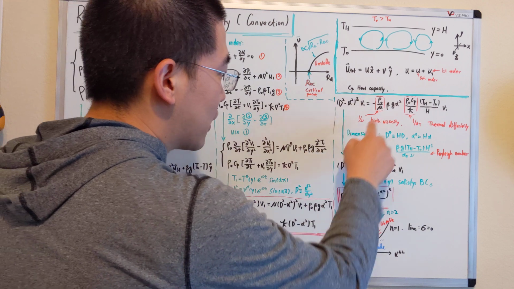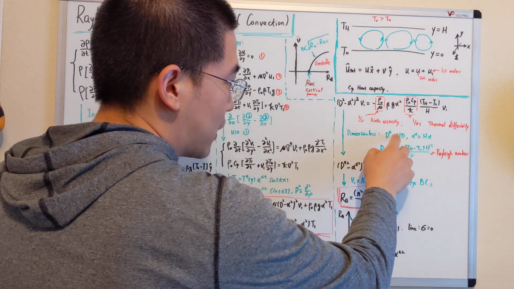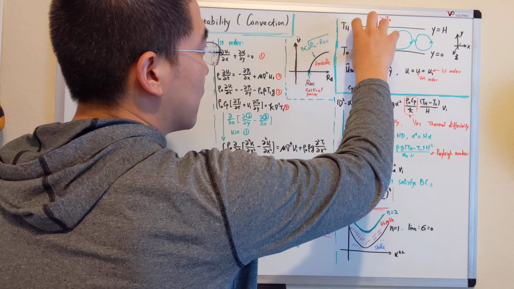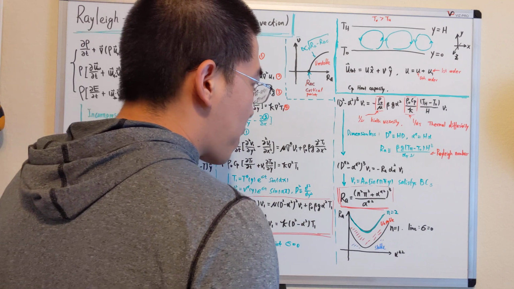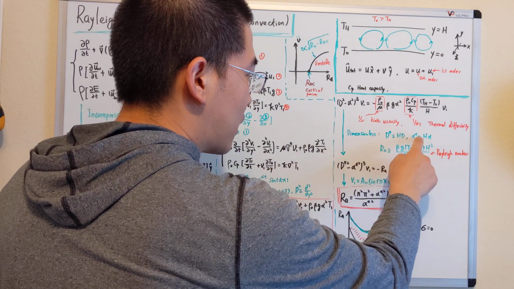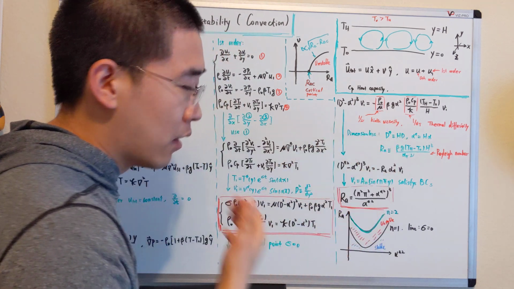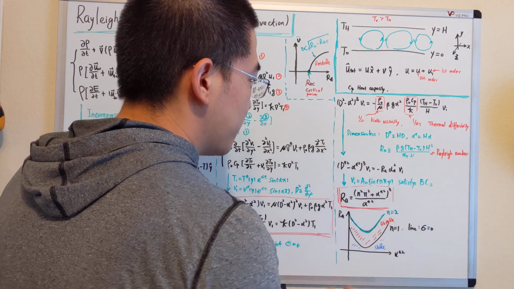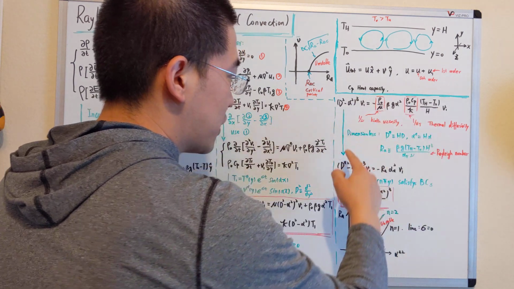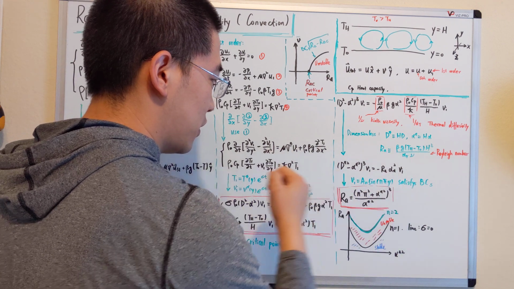And we can make everything dimensionless. D star is defined as H D, where H is the distance between the upper and lower boundary, and alpha star is H alpha. Then we define the Rayleigh number as such. This expression is greatly simplified to this equation.